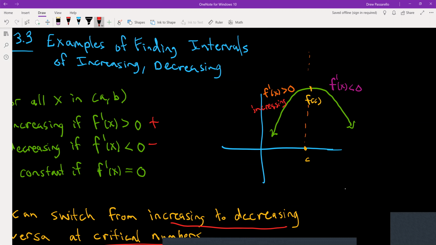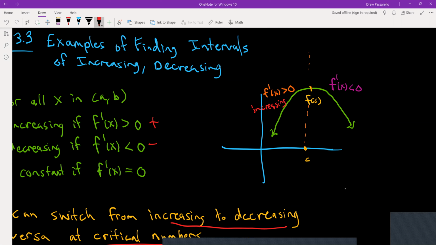That's important because we're going to use that knowledge to develop a strategy for finding intervals of increasing and decreasing. Here's the strategy. You first find the derivative, and then you find any critical numbers. Then you determine what the intervals are, and for each interval, you pick a test value.